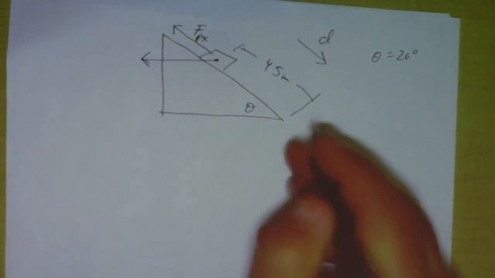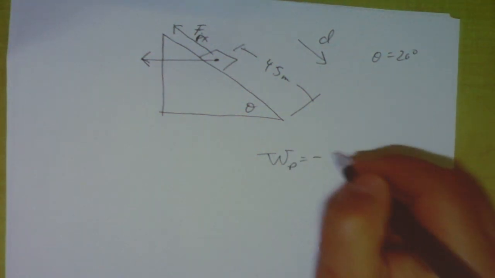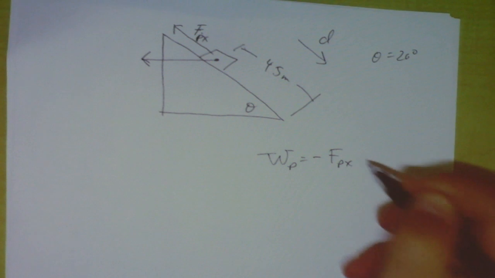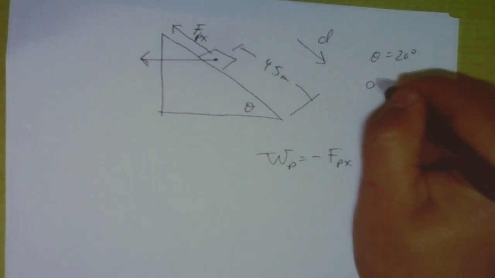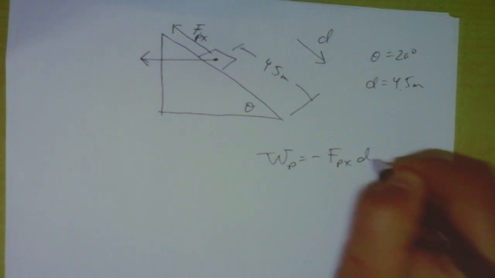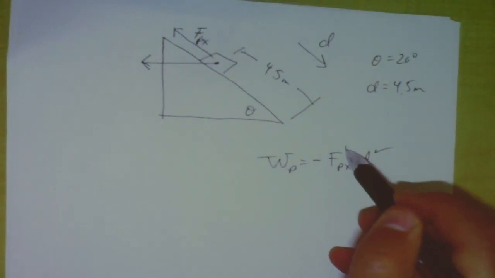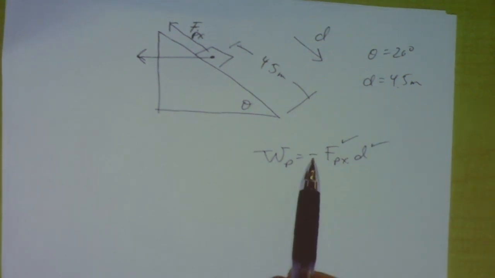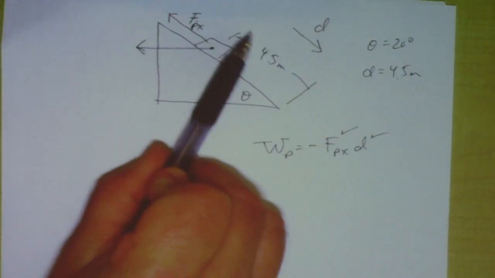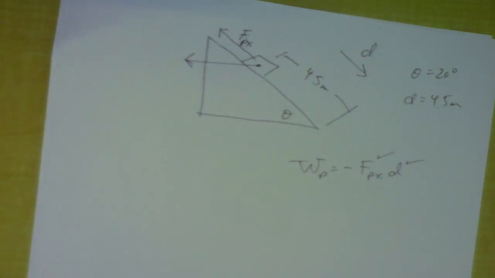Work by Paige equals minus force by Paige in the x direction times d, where d is 4.5 meters. We know the d part; we've got to figure out the force by Paige. Again, the minus sign comes from the fact that it's moving this way and Paige's force is back that way. Okay?